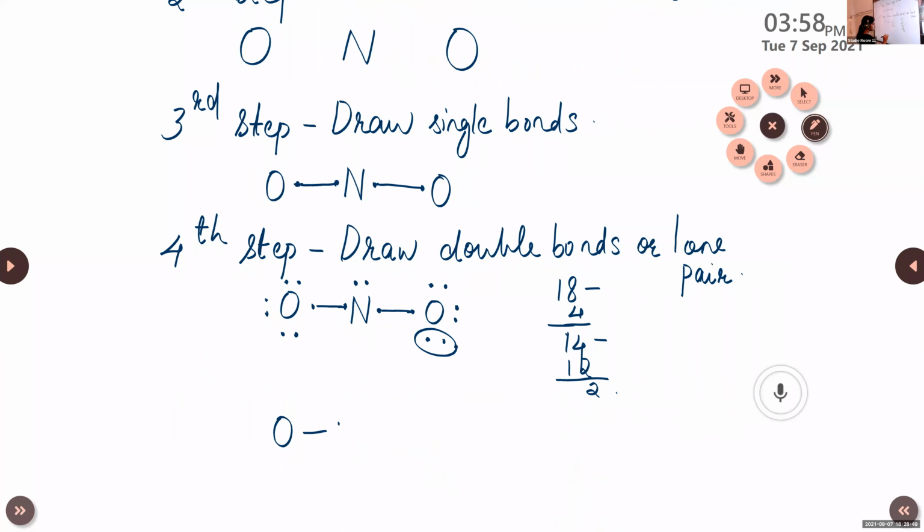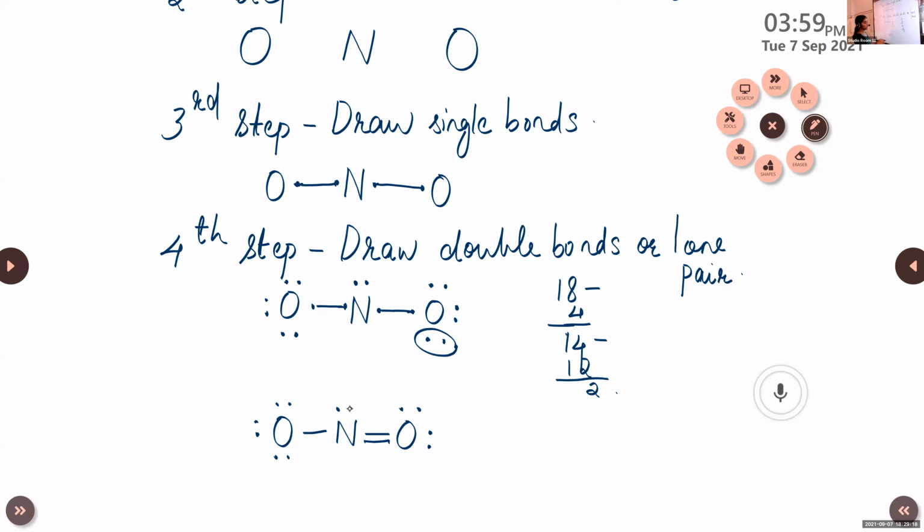So we can rewrite this structure. One oxygen, nitrogen, oxygen. Here, the lone pair electrons total 6 in this oxygen atom. And here we will shift these 2 electrons towards both nitrogen and oxygen. That means a double bond will be formed between nitrogen and oxygen. Then we can draw the remaining lone pairs of electrons.